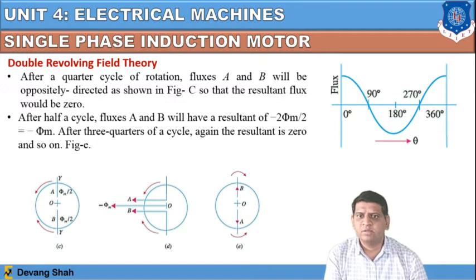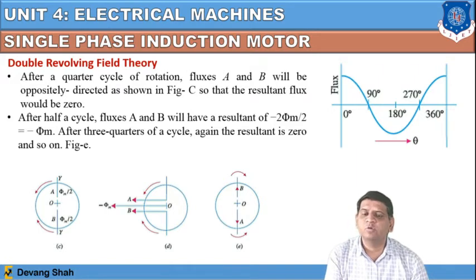After a quarter cycle of rotation, fluxes A and B will be oppositely directed as shown in figure C, so the resultant flux would be 0. After half a cycle, fluxes A and B will have a resultant of minus 2 phi m divided by 2, that is equal to minus phi m. After 3/4 of the cycle, again the resultant becomes 0. So the behavior of the magnetic flux has now become sinusoidal.